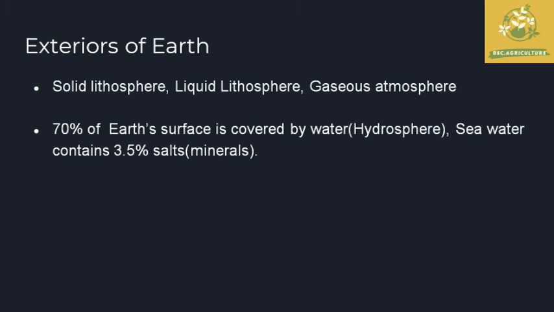While seeing about the outer surface of the Earth, 70% of the Earth's surface is covered by the hydrosphere, which is made of seawater and also contains 3.5% of salts, which are comprised of minerals, and the remaining 30% is composed of the solid lithosphere, and the outer boundary is known as the gaseous atmosphere of the Earth. So that's how the exterior of the Earth is defined.